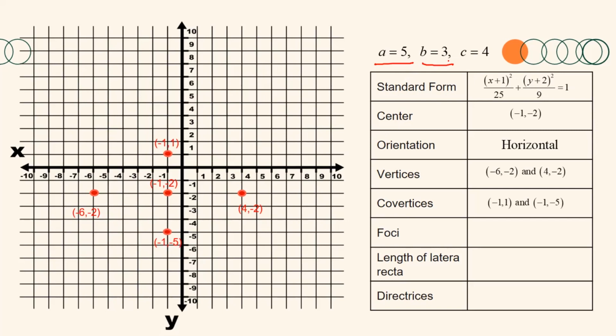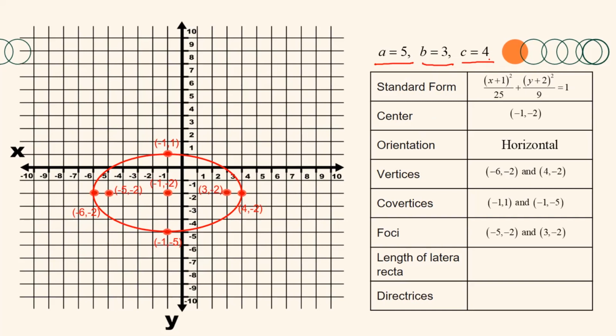With the vertices and co-vertices, we can now draw the ellipse this way. The foci are collinear with the vertices. Therefore, they are also on the right and on the left of the center, and they are 4 units away from it, since c is equal to 4. Thus, the foci are the points (-5, -2) and (3, -2).